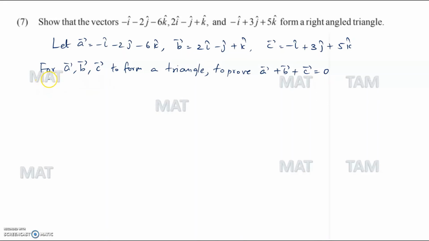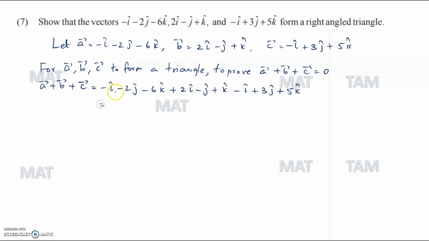So vector A plus vector B plus vector C is equal to minus i cap minus 2j cap minus 6k cap plus 2i cap minus j cap plus k cap minus i cap plus 3j cap plus 5k cap.